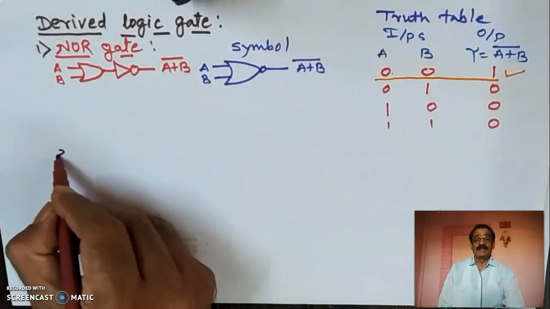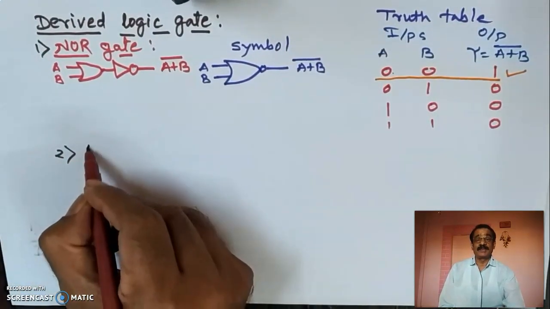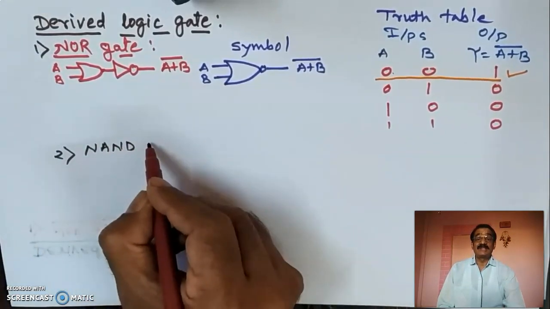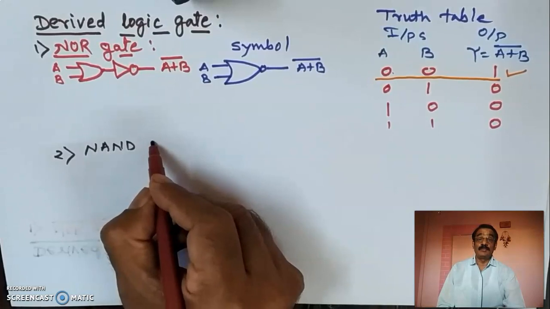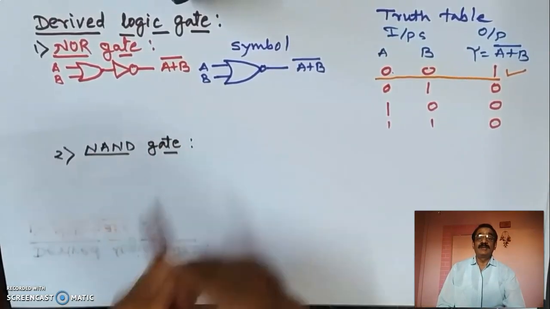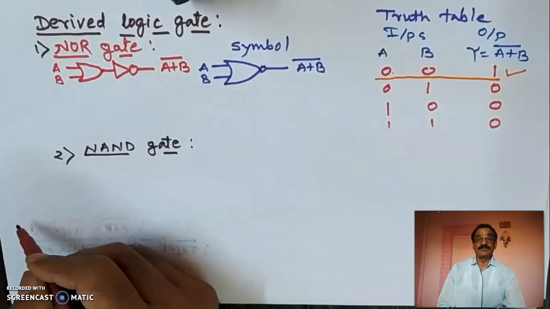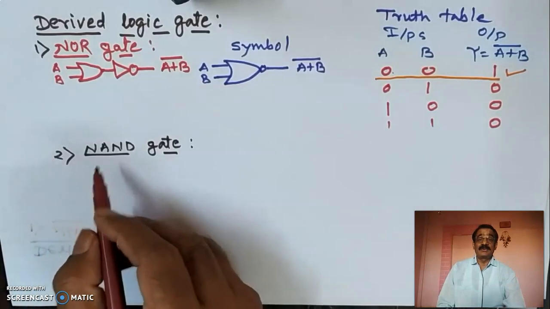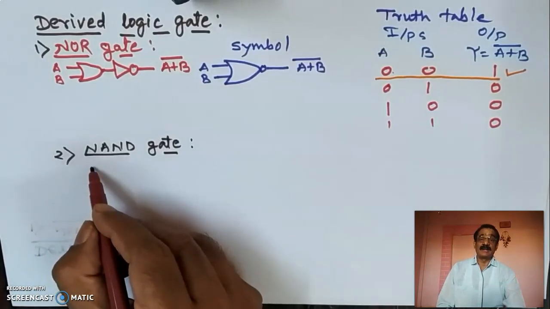Now friends, we will see the NAND gate. What is a NAND gate? The logic gate whose output is 0 when both inputs are 1. It means if any one input is 0, then its output is 1. So the NAND gate is also exactly opposite of the AND gate.